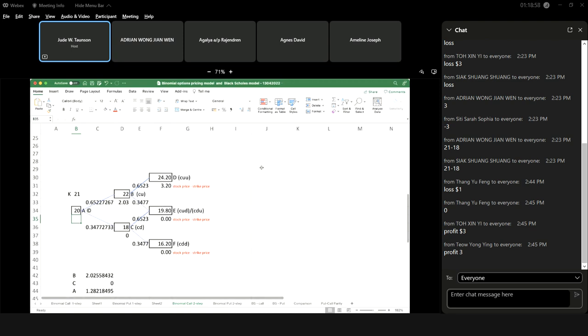Okay, by the way, before we proceed with the Black-Scholes model, Lia Xin Li, are you here? Yes, sir. Okay. T Shu Wei, T Shu Wei.